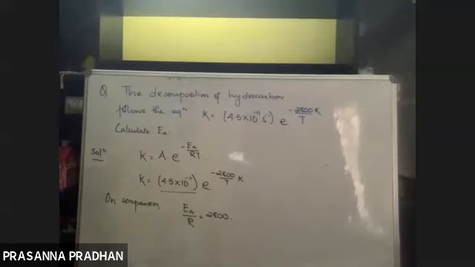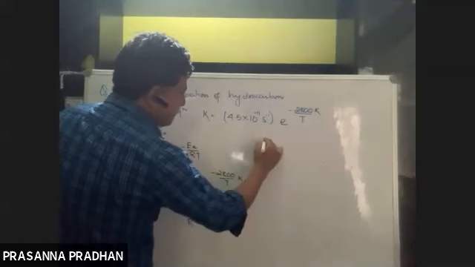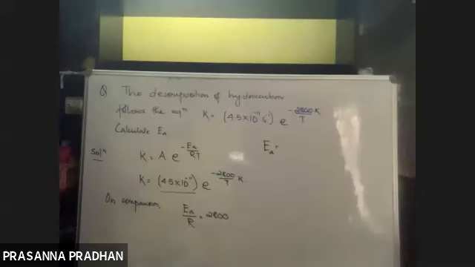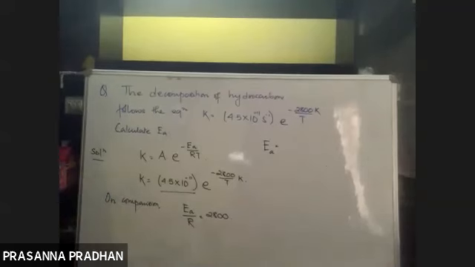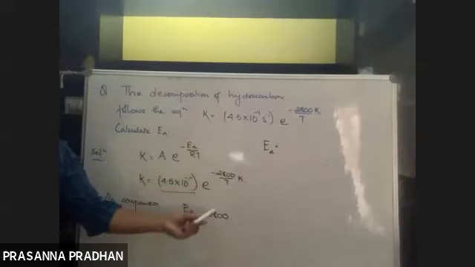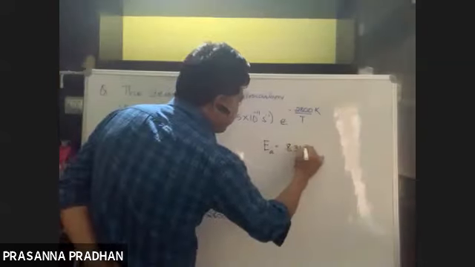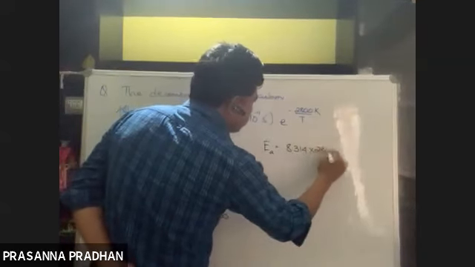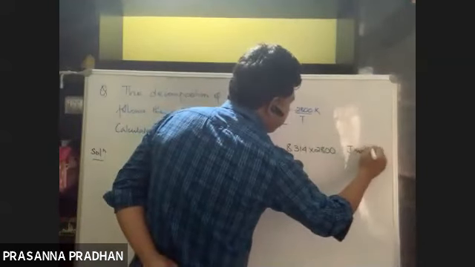Now tell me what will be the value of R I am going to put here. I am calculating activation energy, so we have to put the value of R in energy units. What is the value of R in joules? 8.314. So EA equals 8.314 into 2800, and the unit will be joule per mole.